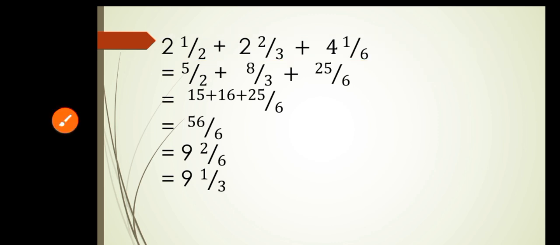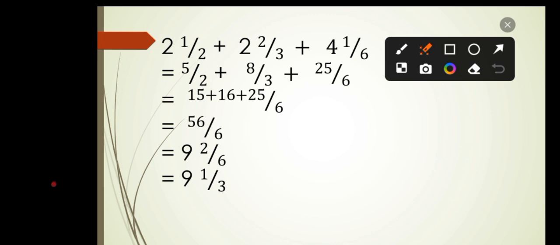So let's proceed. This denominator 2 multiplied by this whole number 2, what do we have? We have 4. 4 plus this numerator 1, we have 5. That's how we have 5 over the denominator 2. That's how we convert this mixed fraction.